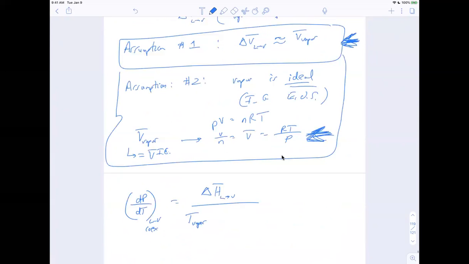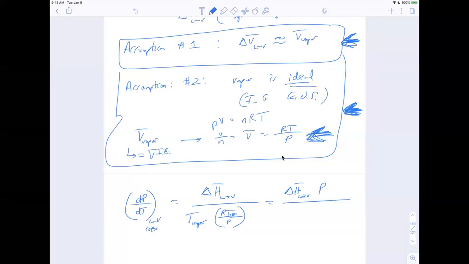Okay, and then we said, all right, the V bar of the vapor, we're going to assume that the vapor is ideal. So we're going to take the second assumption and allow V vapor to be written as RT over P. So this becomes RT coexistence over P. Okay. So we do some algebra here. So we get delta H, the P comes on the numerator.